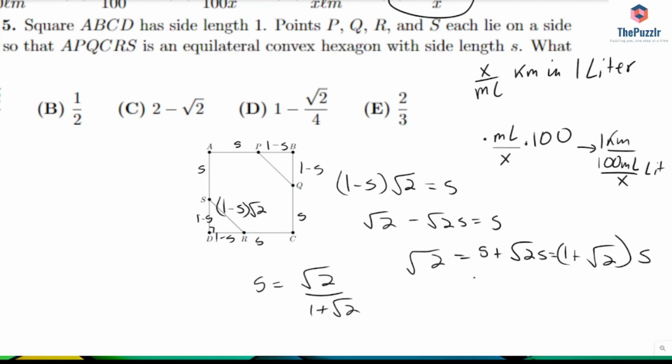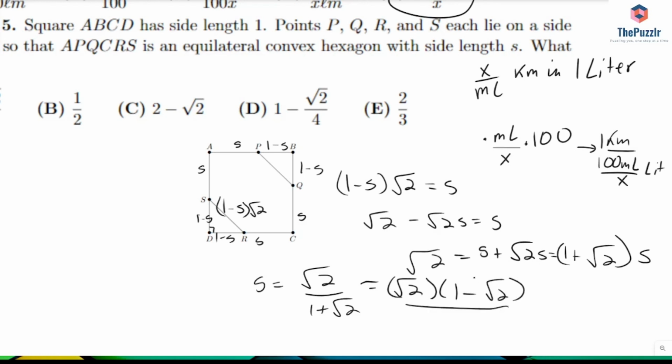But we see that this isn't one of the answer choices. And that makes sense. I mean, we have a radical on the bottom, and usually we want to rationalize that. So what we do is we multiply by the conjugate. So we get root 2 times 1 minus root 2 over 1 plus root 2 times 1 minus root 2. And that would get us rid of that square root.